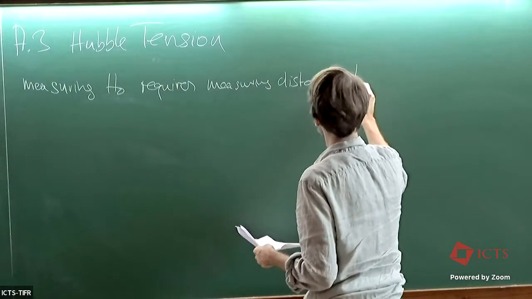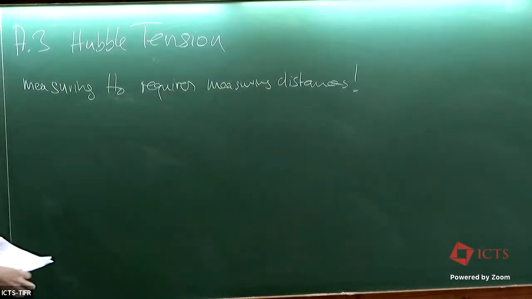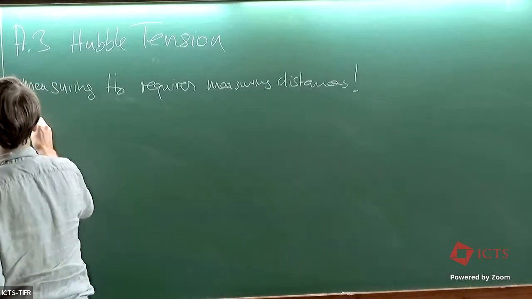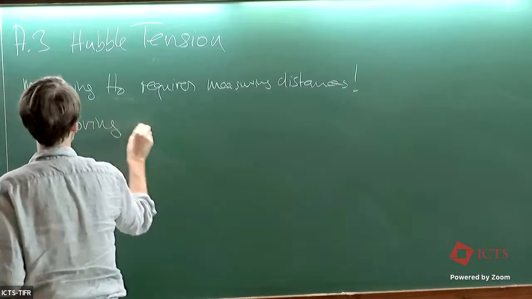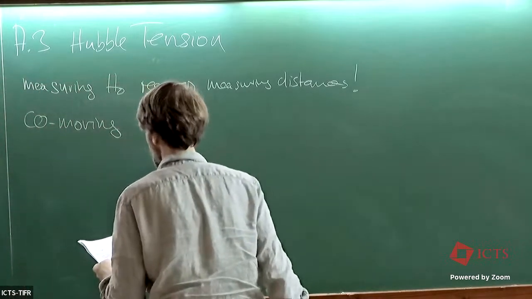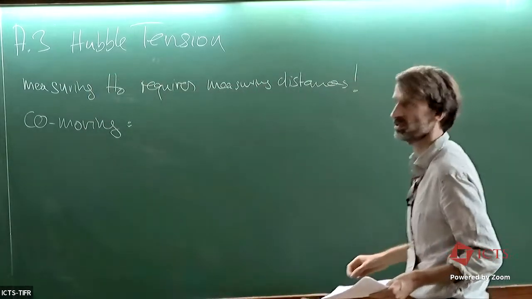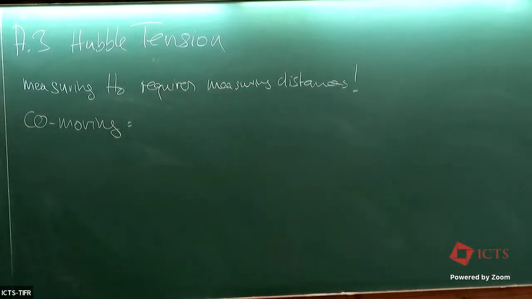Distances. Okay. So this brings us to the topic of measuring distances in cosmology. And an important quantity we need for that is the co-moving distance. And let me draw a simple picture, but I don't want to draw it here because then most of you cannot see it. It's kind of important. Let me put it in the box here.